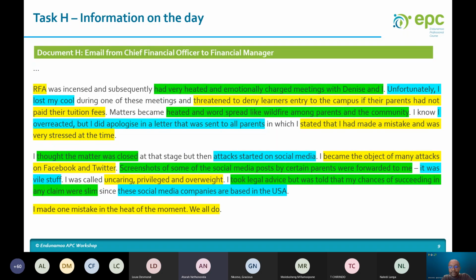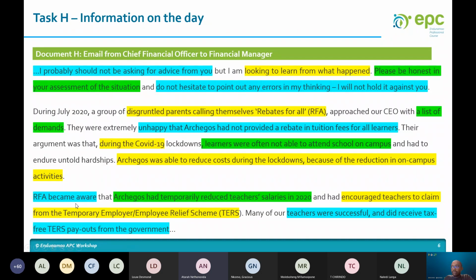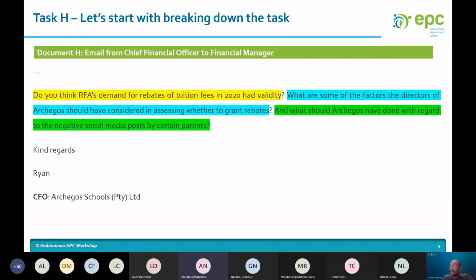For me, I'd like to read the last part of the three points that we were asked, right? The last one is, and what should Archegos have done with regards to the negative social media posts by certain parents? So the way I understood it was like Black Twitter. Can you tell people on Black Twitter to stop canceling a person?